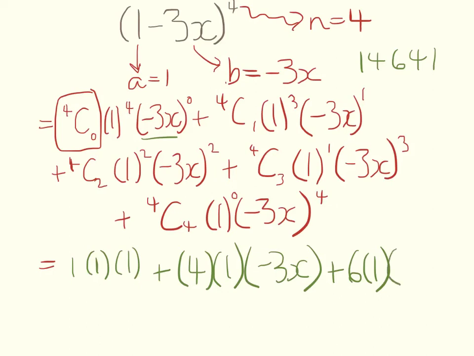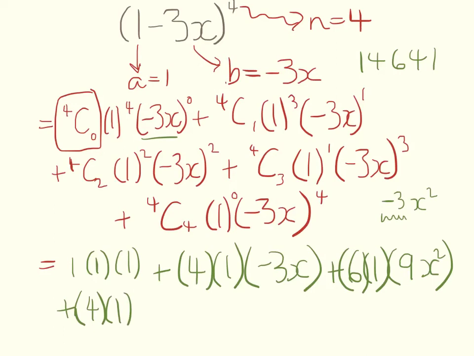So this is really important. It's not minus 3x squared. This is a really common mistake to make. It's 9x squared. Okay, plus 4 choose 3, so that's 4. And let's put some brackets around that. Yeah, 4, 1, and then now it's minus 3x.